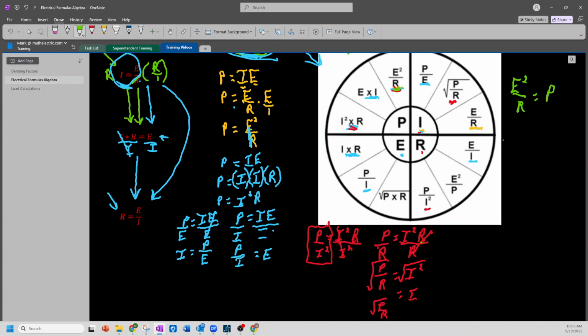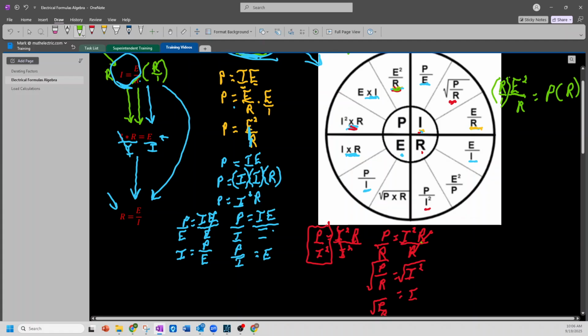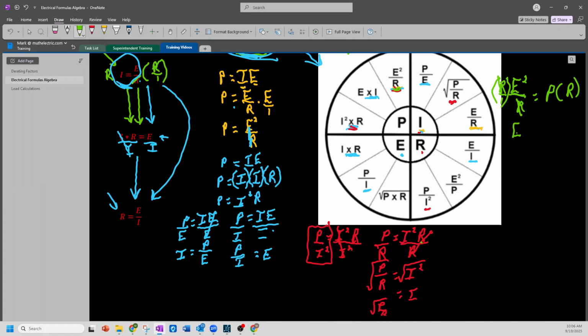Okay? Now, this is E squared divided by R. So the opposite of division is multiplication. So I'm going to multiply both sides by R. And I'm going to show that's R over 1. That's the same thing as R. So my R's cancel out. And I have E squared equals P times R.